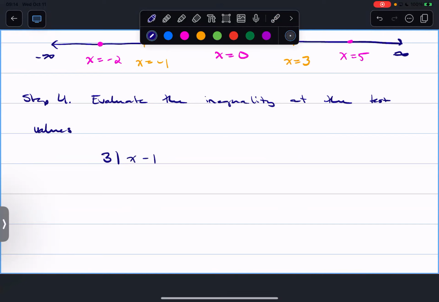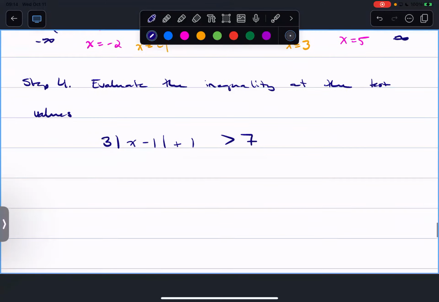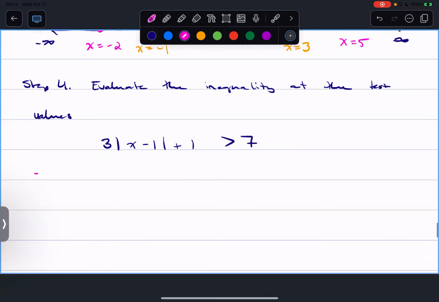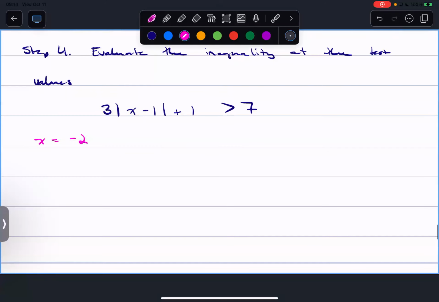3 times the absolute value of x minus 1, plus 1, is greater than 7. So if I plug in x equals -2, I get 3 times the absolute value of -2 minus 1, plus 1. -2 minus 1 puts me at -3, the absolute value of -3 is 3. 3 times 3 is 9, plus 1 is 10, which is greater than 7.